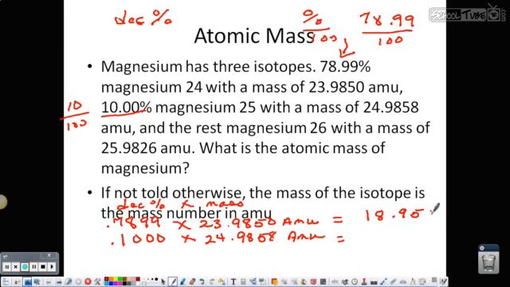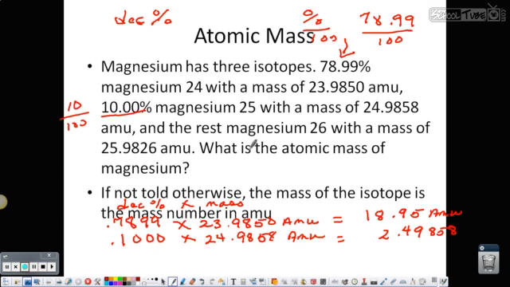This is also AMU. Alright, so we've got 2.49. Oh, sorry, looked at it wrong. Undo. Yeah, 2.49858.